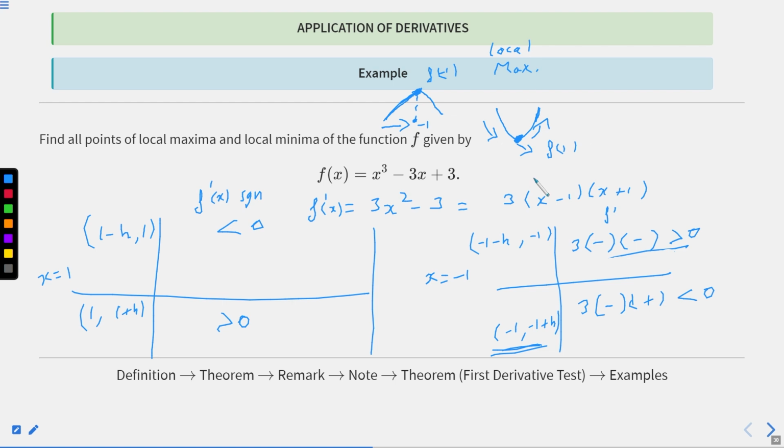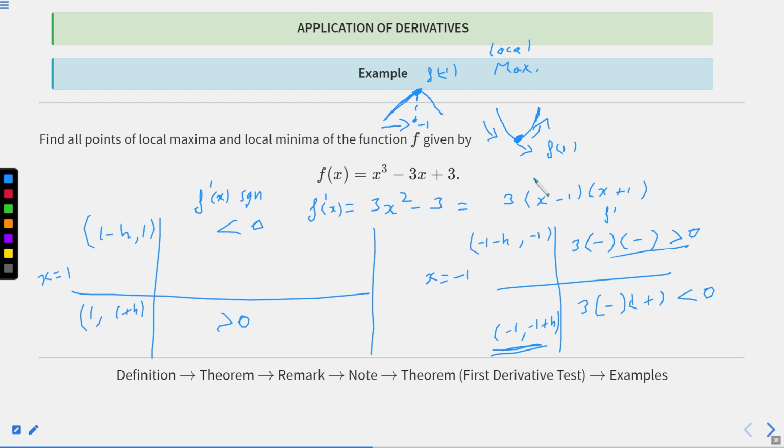I hope it is very clear to you how we used the first derivative test, the concept we saw in today's session. If you see such a question, the first step is to find the first derivative and put it equal to 0.